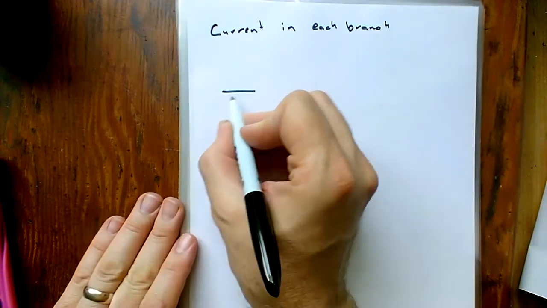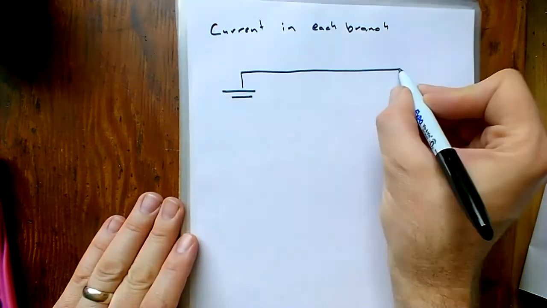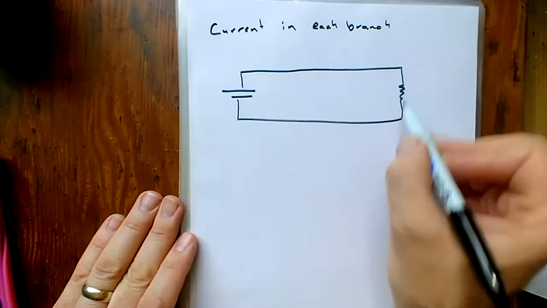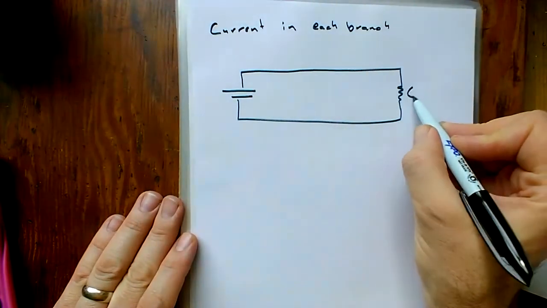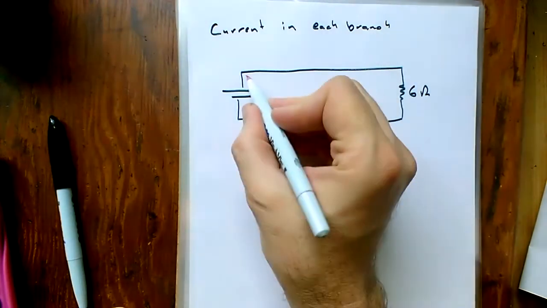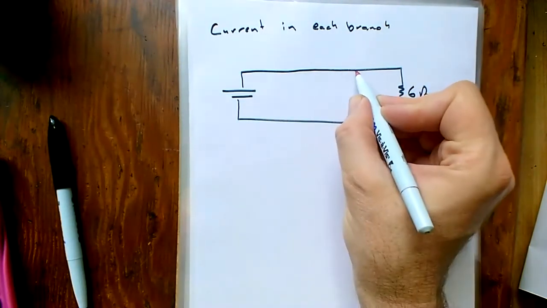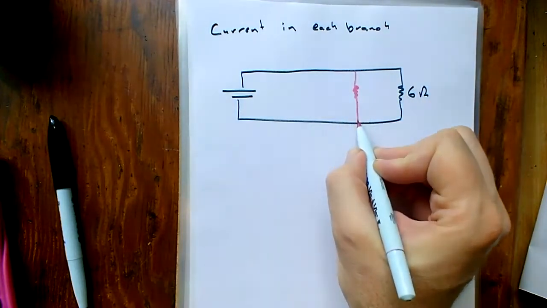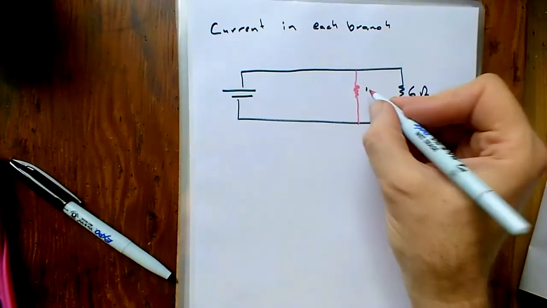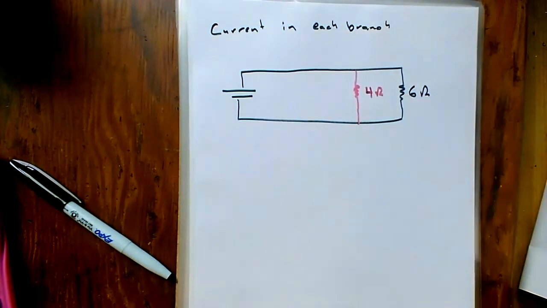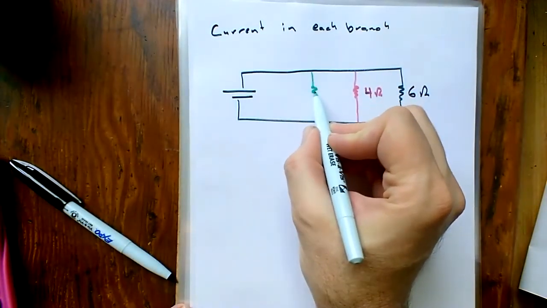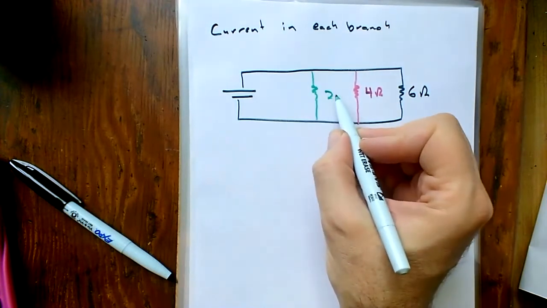Because essentially what's happening is when I've got this, electrons could flow across this, and let's say that's 6 ohms there, but it could also flow across this, and I said that was 4 ohms, or it could flow across our third branch, which we said was about 2 ohms.